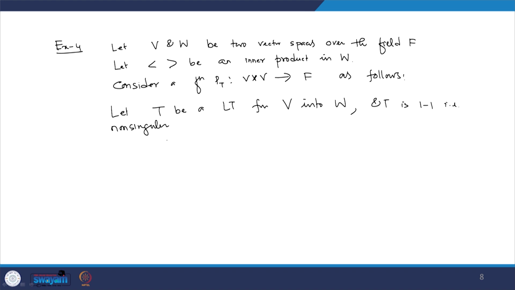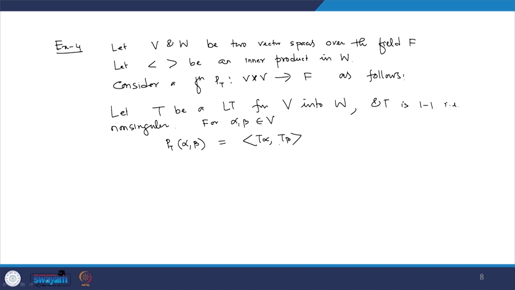Now, let me define PT of alpha, beta for alpha, beta belonging to capital V. Define PT of alpha, beta equal to inner product of T alpha and T beta.